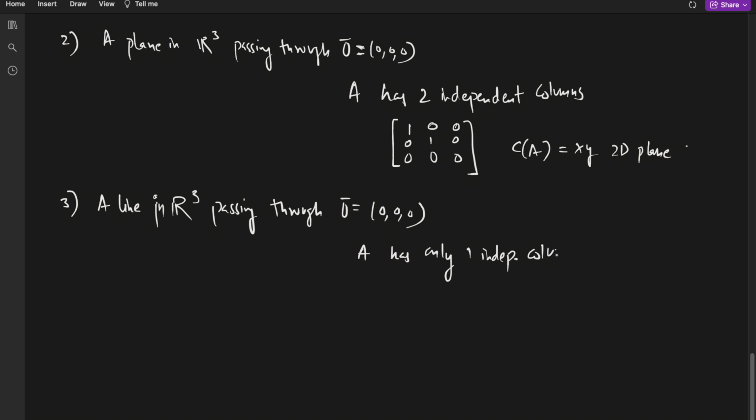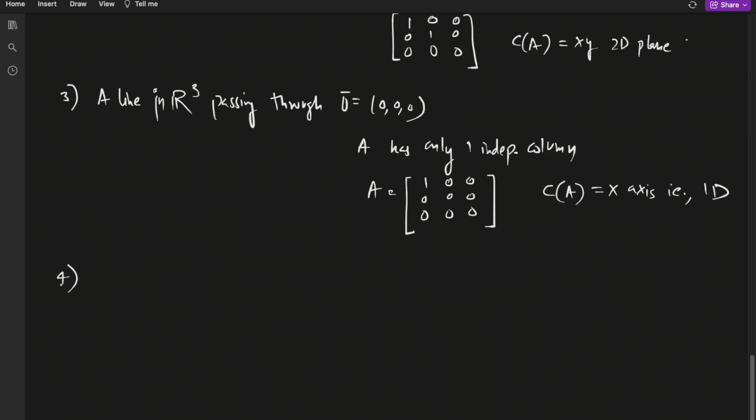Only one independent column. An example could be A is 1 0 0 0, and the remaining two columns are nothing but 0. So the column space of A in this case is nothing but the x-axis, that is 1D.